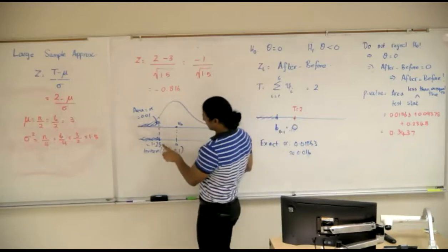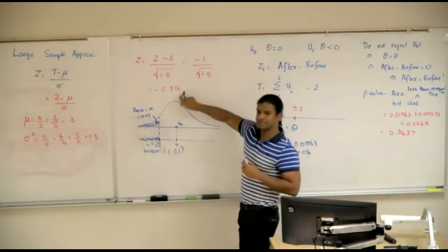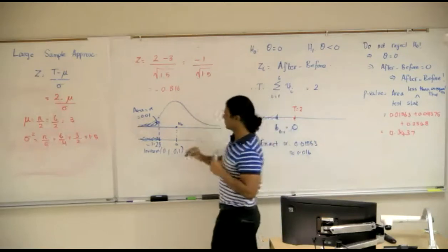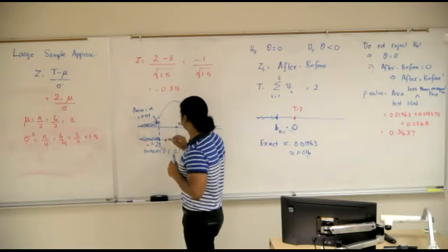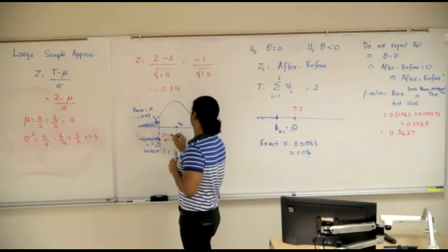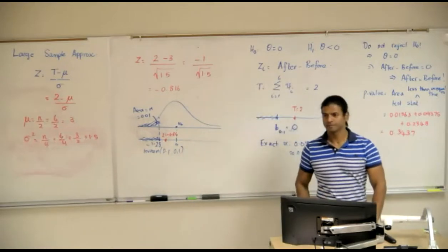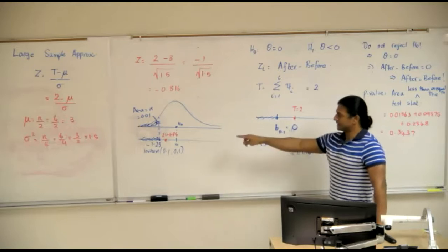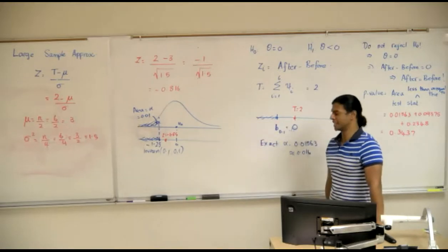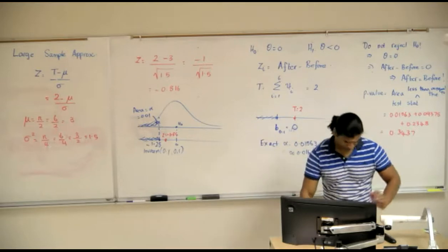So the critical value is negative 1.28. The test statistic is negative 0.816, which is right here. Should we reject the null? No, the test statistic does not fall in the rejection region, so we don't reject the null.